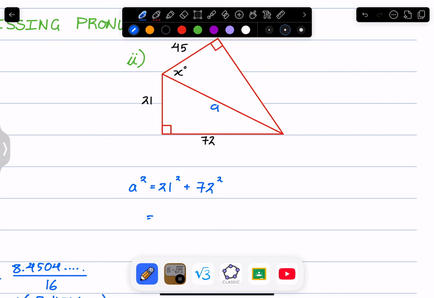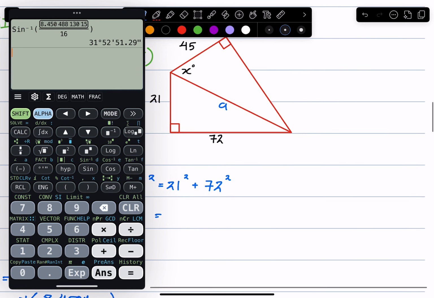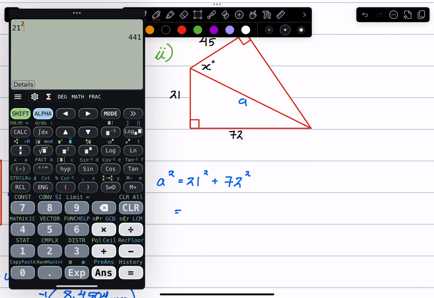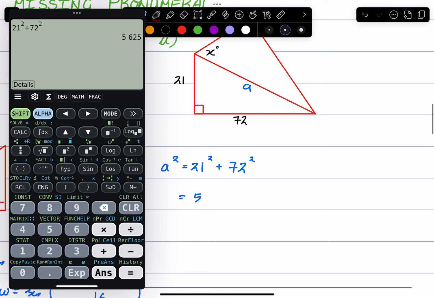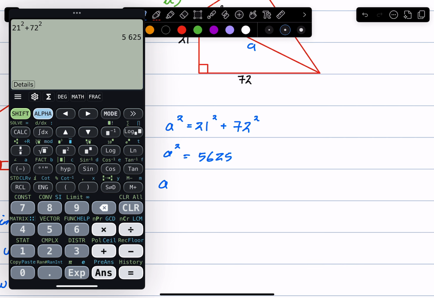We can type 21 squared plus 72 squared. That gives us 5,625. That is still A squared, but we can find A by taking the square root of that, 5,625. So square root of our previous answer, that becomes 75.